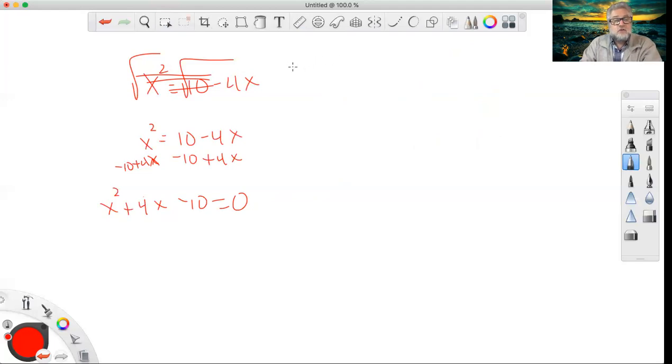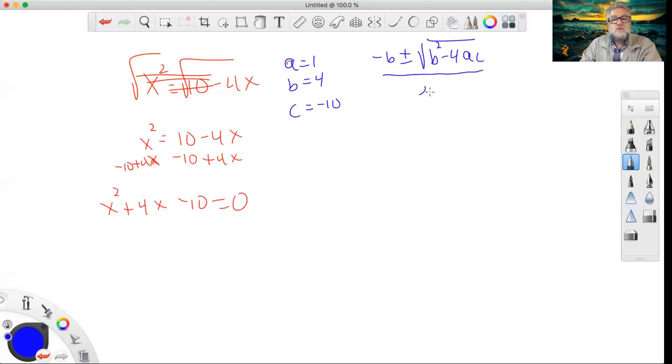So I'll start with the quadratic formula. Let's do that in blue. So a equals 1, b equals 4, c equals negative 10. x equals minus b plus or minus the square root of b squared minus 4ac, all over 2a. Draw your long divisor line, like I said the other time.